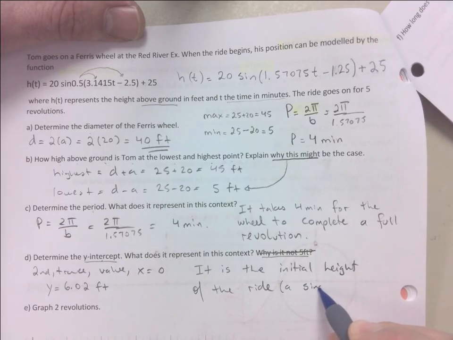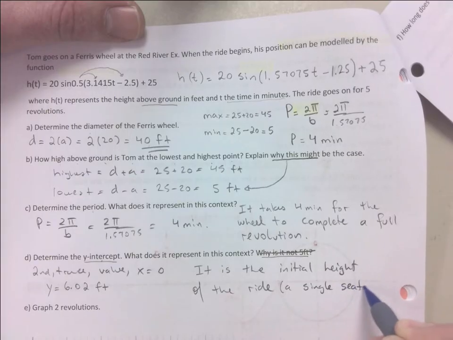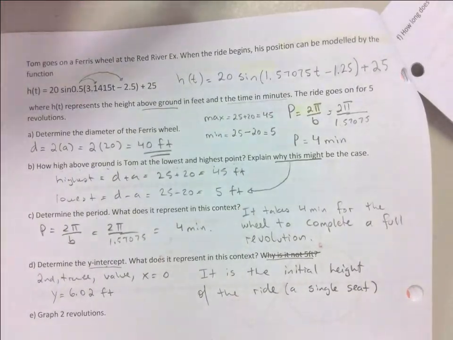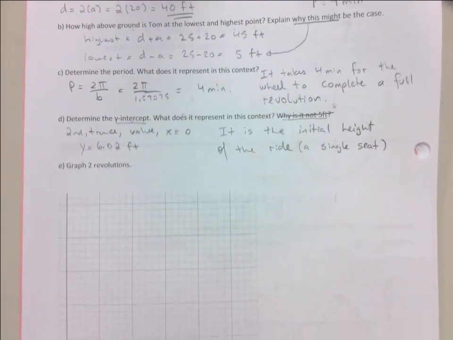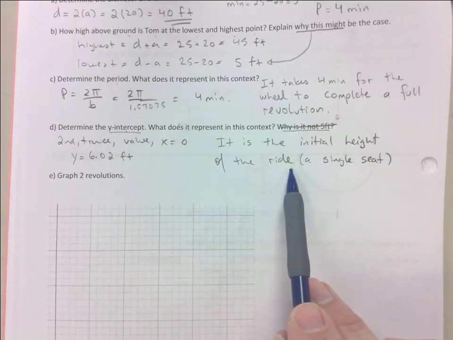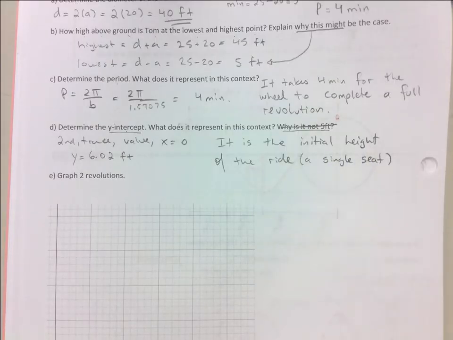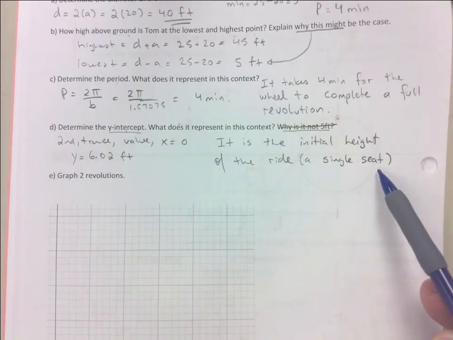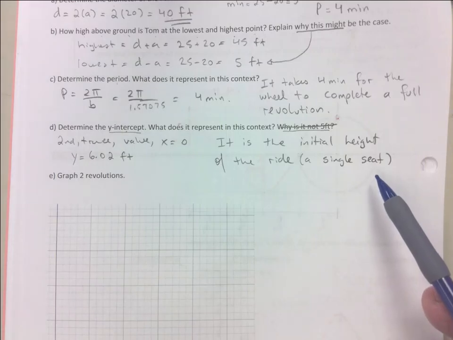A single seat, that is, right? So if you focus, oh, you can't see that, my bad, sorry guys. It is the initial height of the ride. So if you focus in on a single seat, that would be the starting point for us, 6 feet.